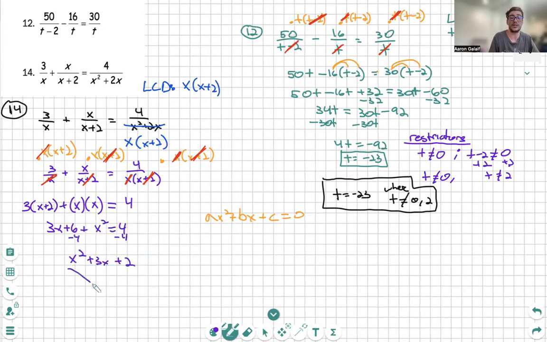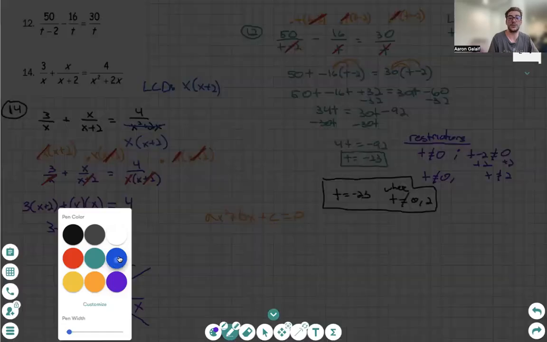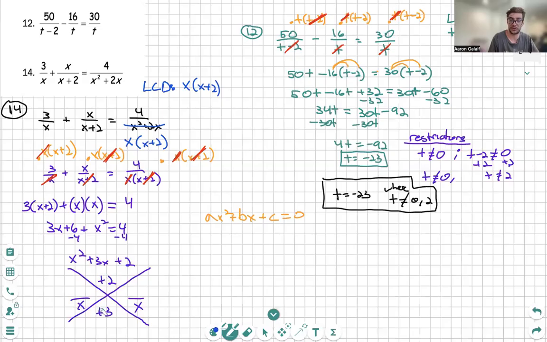All we need to do now is use our X method we have learned in the previous video. A times C goes on top, B goes on bottom, over X. Find factors of 2 that will add and subtract to 3: positive 2, positive 1. 1 plus 2 is 3, 1 times 2 is 2.